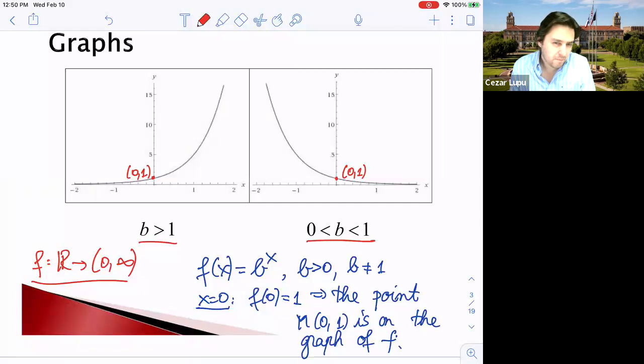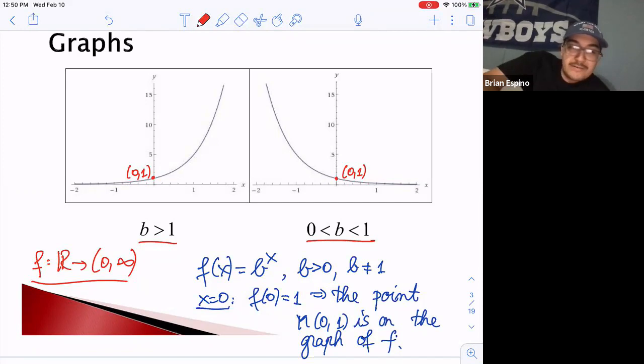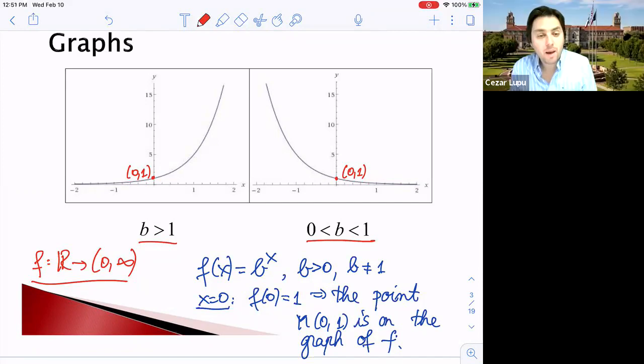Let's look at the first one. What can you tell me about the first one? It keeps going up. Okay, that's a very good observation. So let's see, this is going up. Let me write it this way.